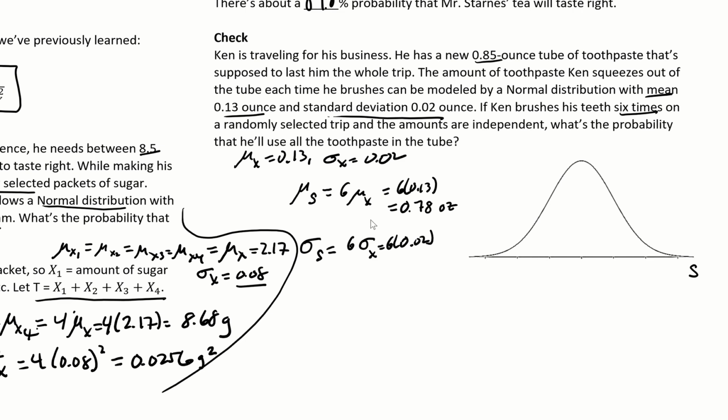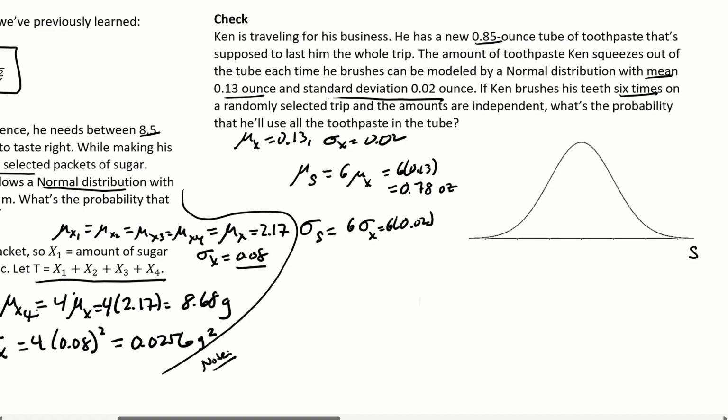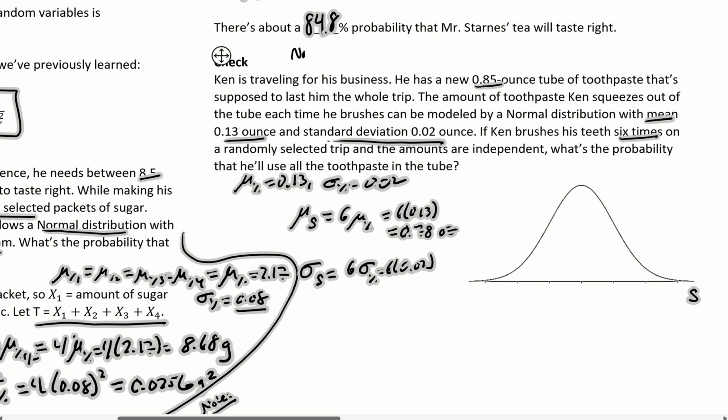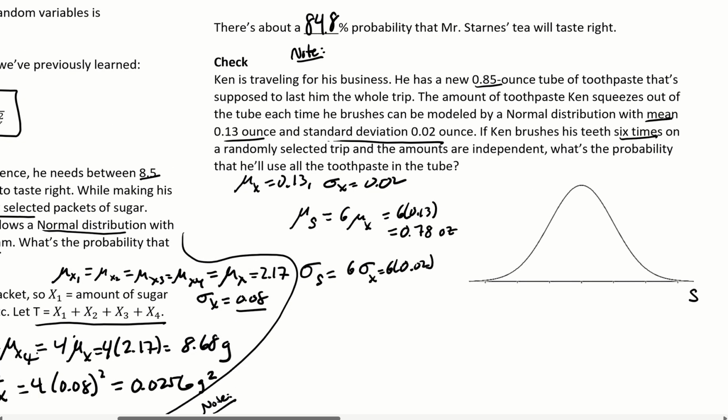So I'm going to put a little note here, right, just so you are aware. Very important side note, okay? I'll actually put it up here. That sigma 6x is not the same as sigma x1 plus x2 plus x3 plus x4 plus x5 plus x6. They are not the same thing, okay?